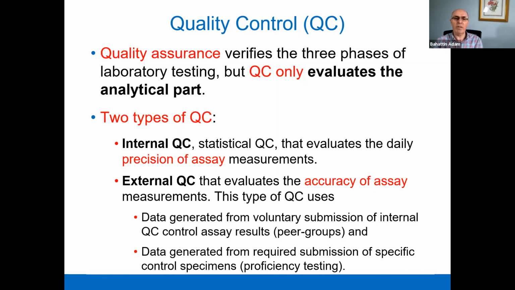Internal controls, internal QC, also known as statistical QC, evaluates the daily precision of assay measurements. You are using your own control serums in order to evaluate the precision of each assay in the labs.